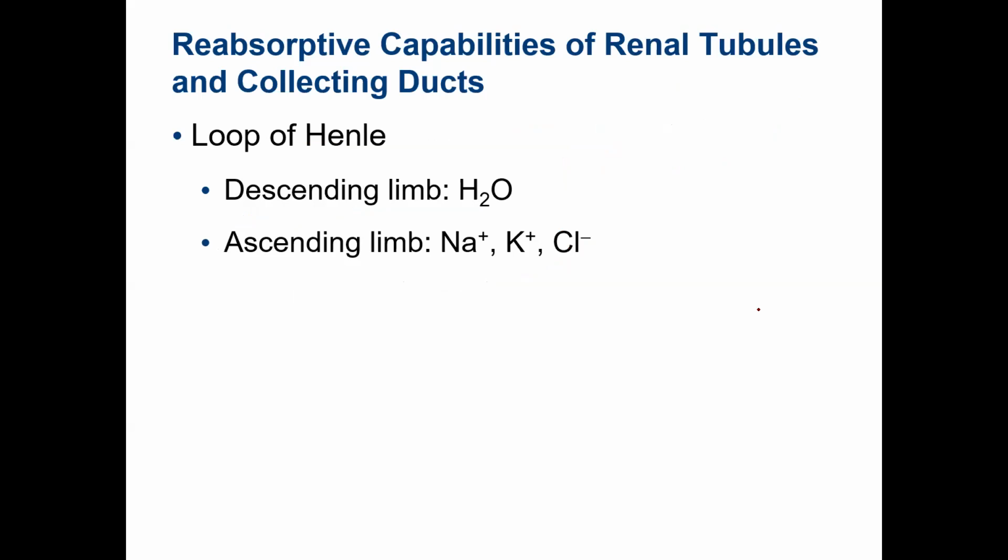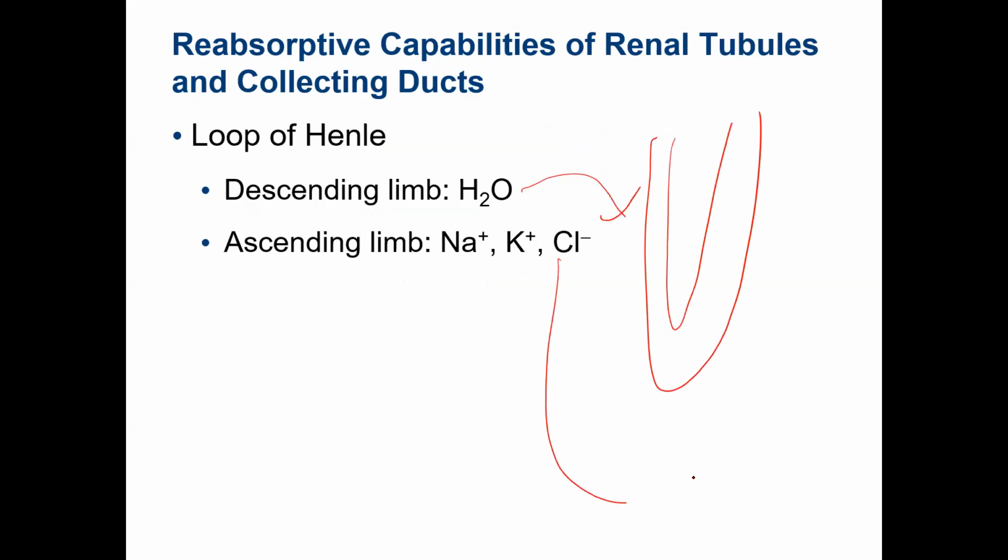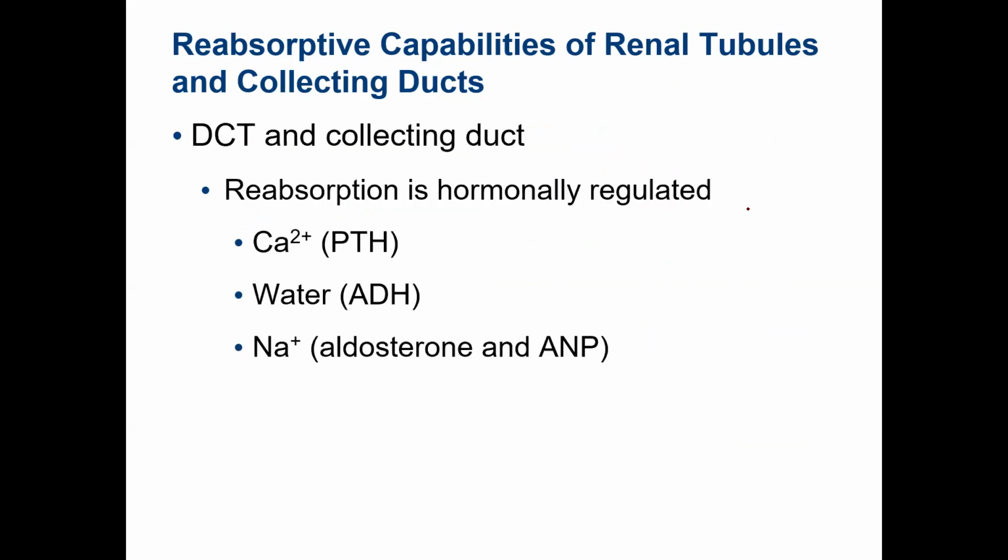Now the loop of Henle is 2 different things at the same time. It makes this loop that goes down and back up. The descending limb is permeable to water, and the ascending limb is permeable to ions. This creates a mechanism that is self-perpetuating.